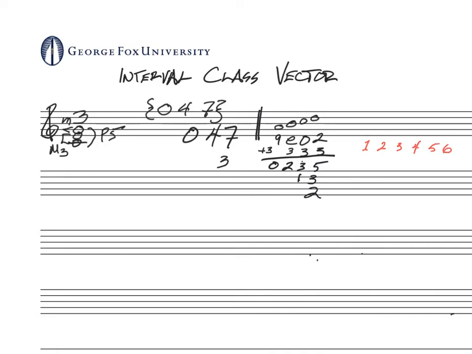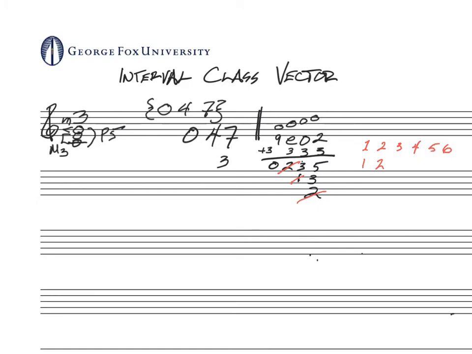Now, how many of interval class 1 do we have in this set? Just that one. So we'll write a 1 here. How many of interval class 2? This one and this one. So we have 2 of interval class 2.